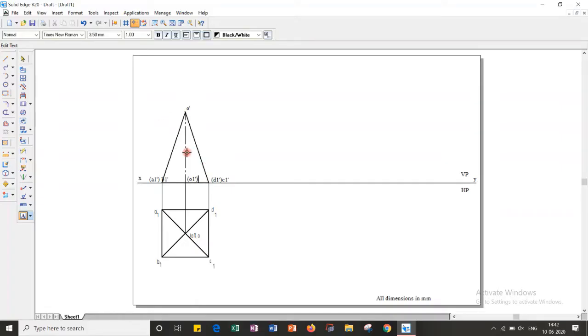You have to copy the same diagram from the first step to the second step, but this base should be making an angle of 60 degree, 90 minus the given axis inclination with respect to HP. So 90 minus 30, that will be 60 degree. So in the second step, this is point A1 dash, B1 dash, we will rotate the pyramid towards the left side.